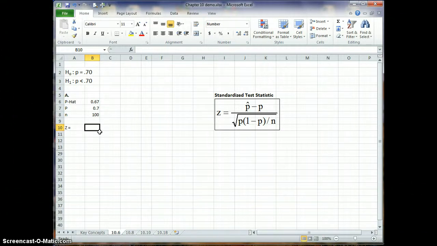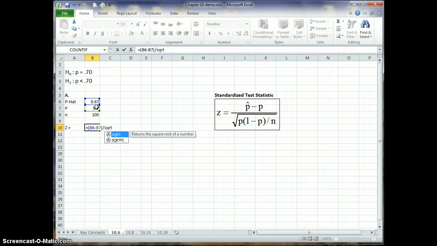So we'll go equal to, and then in this case we'll do open paren p hat minus p close parentheses divided by the square root of p times 1 minus p divided by n.